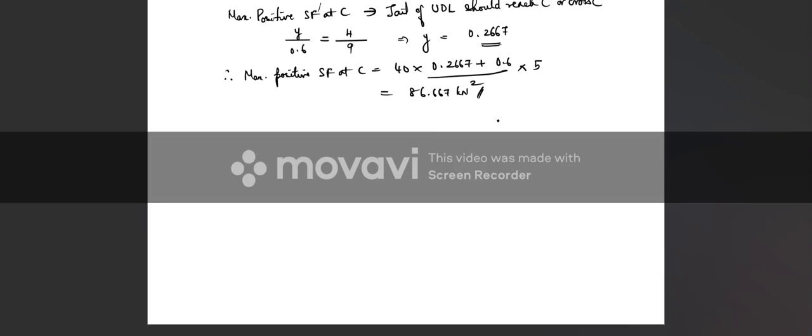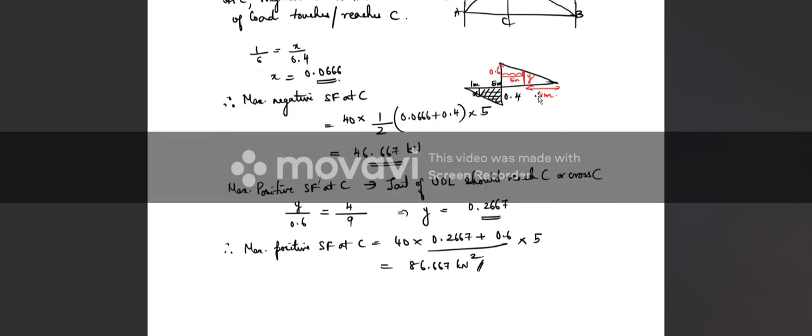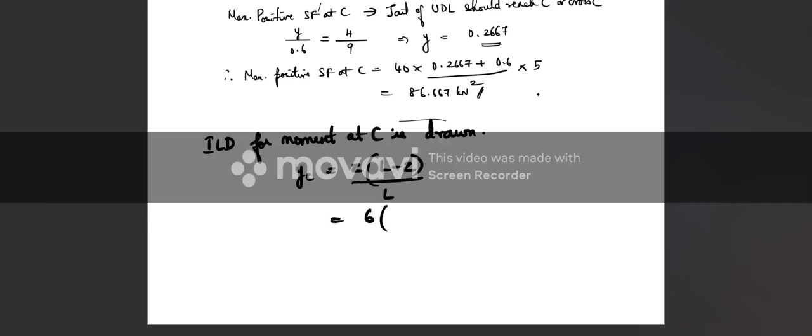Now, the next thing is you have to find out what is the bending moment at that section. So, maximum bending moment at that section. As you can see in the figure, ILD for bending moment at C is also shown, and the maximum ordinate is Z into L minus Z by L. So our first step is to find the ILD for moment at C. Now referring to that figure, you have YC is equal to Z into L minus Z by L. Z is given as 6.